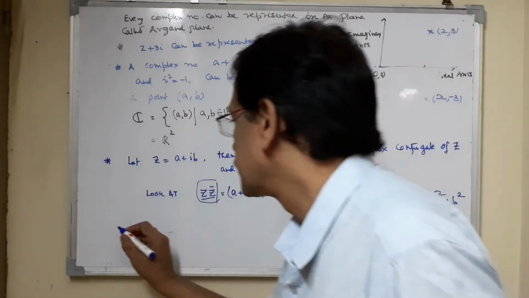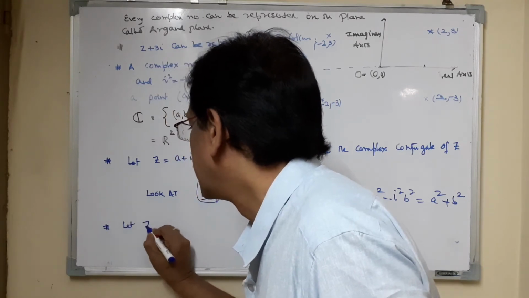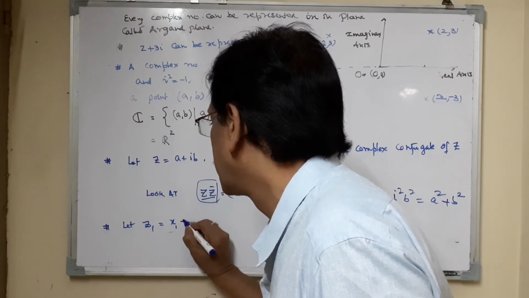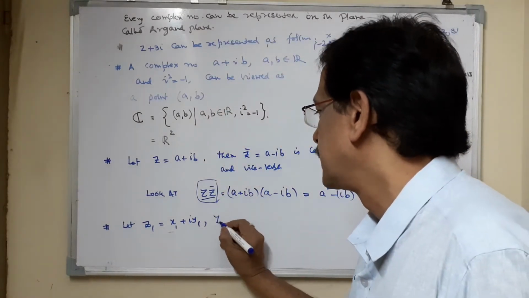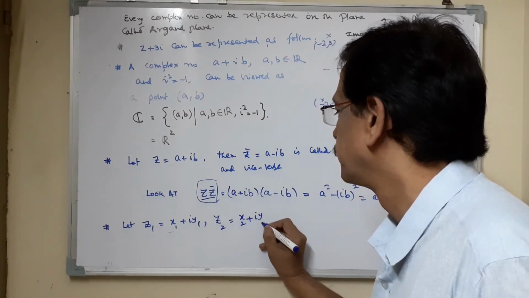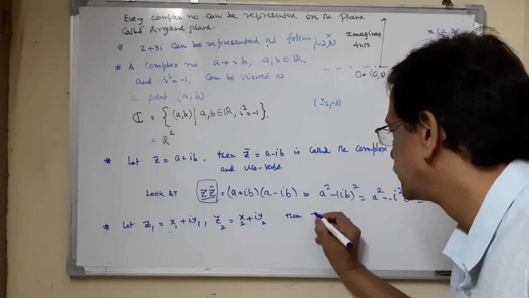So let z1 equal to x1 plus iy1, a complex number, and z2 equal to x2 plus iy2. Then how do we define the sum?